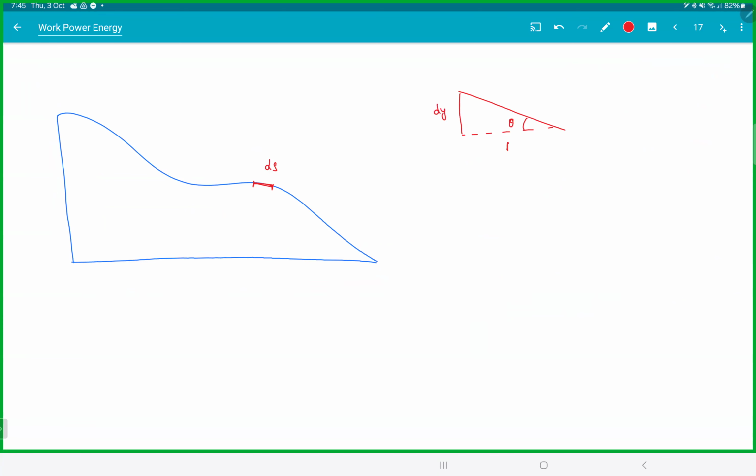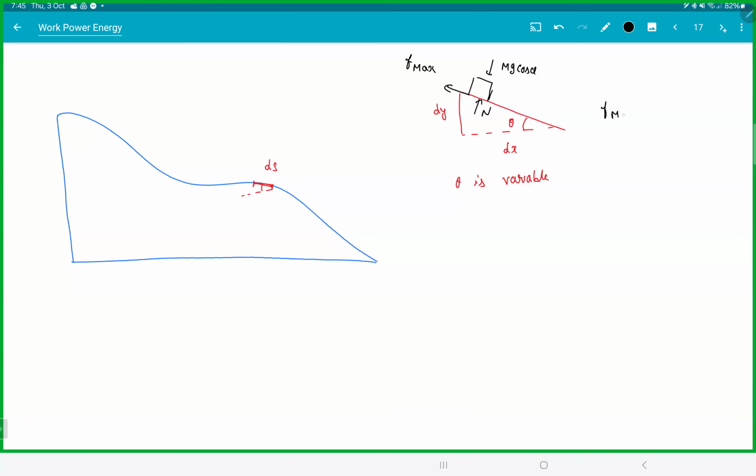This is dy, this is dx. Now this looks like a block which is sliding on a small incline. So this will be friction, F max, because it is sliding. This would be N. This would be your mg cos theta.